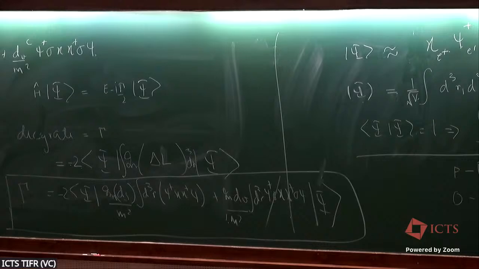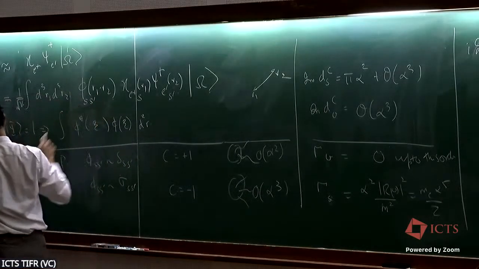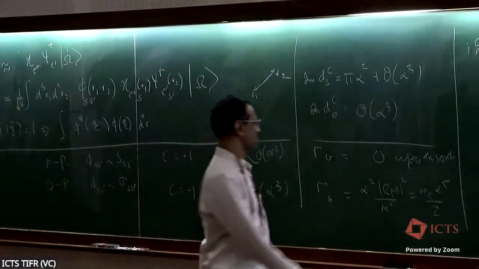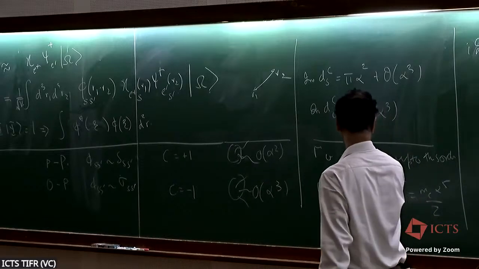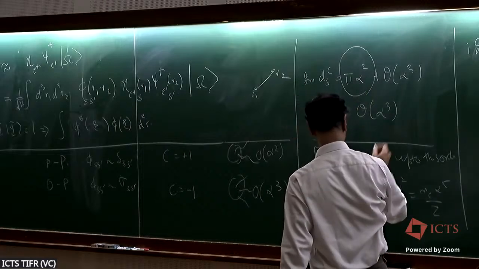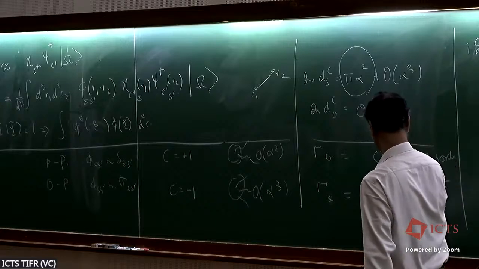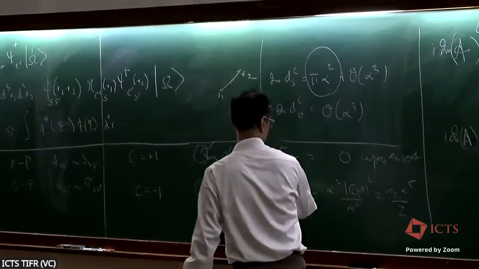So therefore, I get my wave function at the origin. Similarly, on the left-hand side, my rate depends on the wave function at the origin. And alpha square by m square is just this. Some factors of pi come out. And by looking at the wave functional form, this is the form that I get.